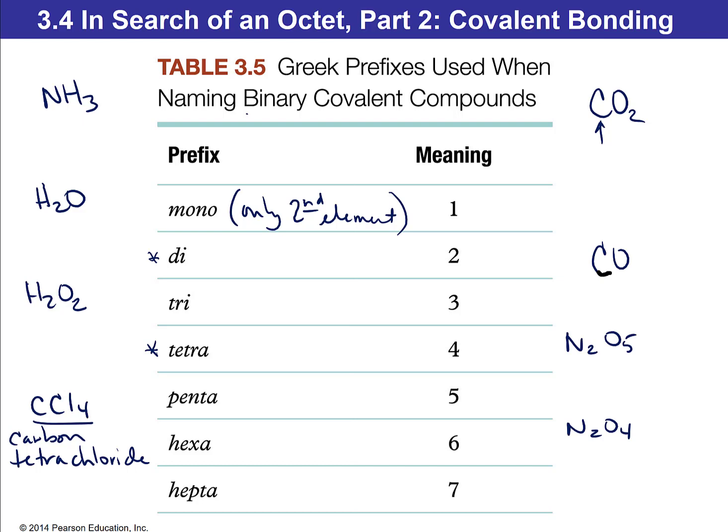Okay, what about this one? So if you have penta, you just drop the A. So you would use pentoxide. Same thing if you had like a 6O, it'd be hexoxide instead of hexaoxide.